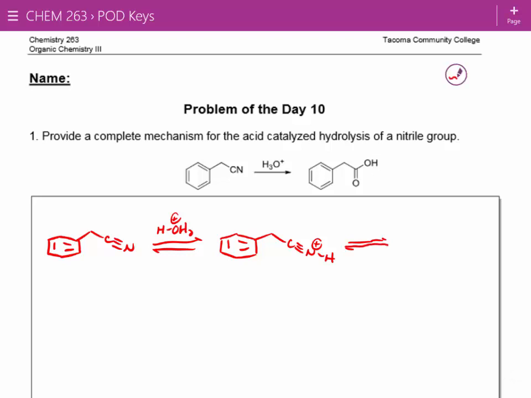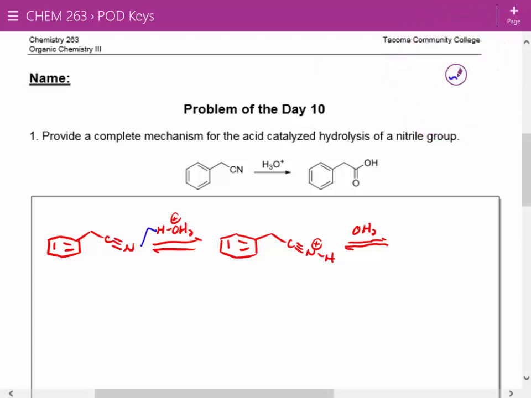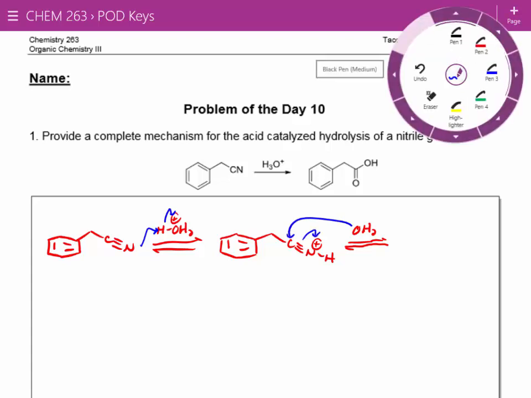Well, it's equilibrium, so it's assumed it can go either direction, but what can drive this forward? We've got water around still. So this water can add into this carbon and dump electrons onto that nitrogen, right?